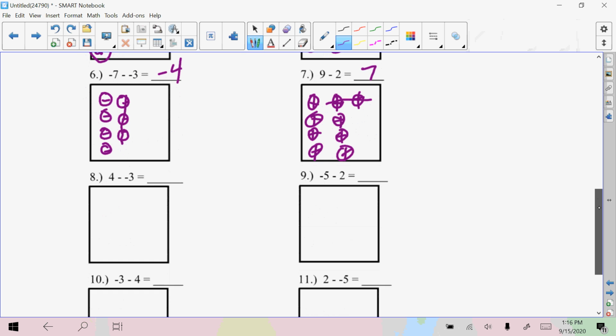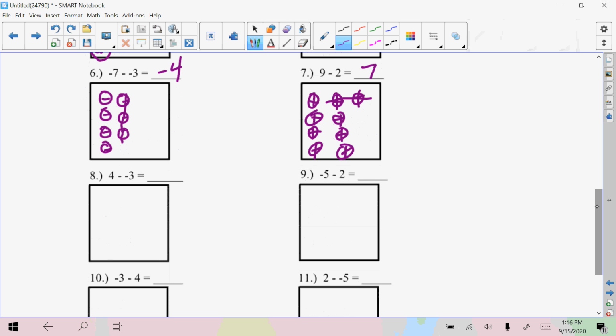This next one, you'll see that we have a bit of a problem when we try to take some away. So I'll just draw my 4 positives here. And we need to take away from that 3 negatives. Well, we don't have 3 negatives to take away. They're all positives. So let's go ahead and put 3 negatives so we can take them away.